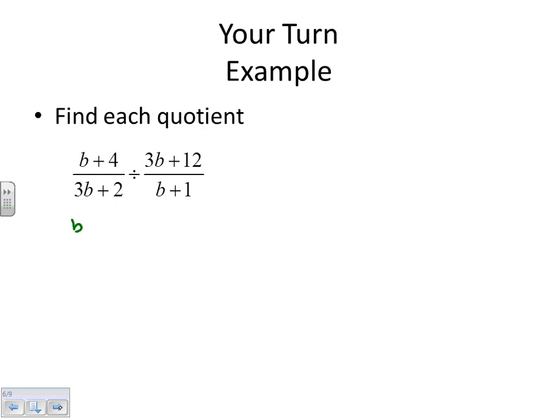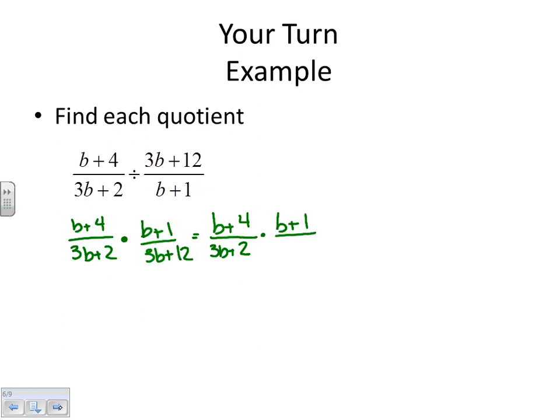So we have (b + 4) over (3b + 2), flip and multiply, (b + 1) over (3b + 12). This equals (b + 4) over (3b + 2) times (b + 1).